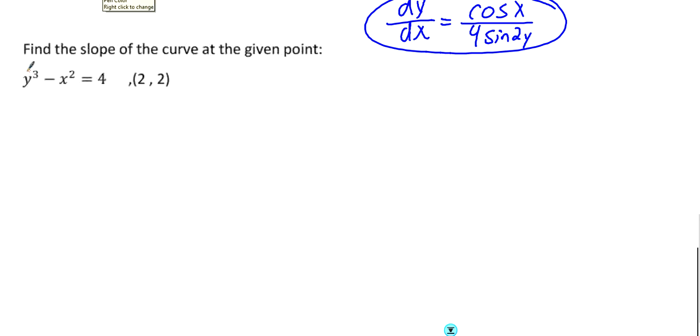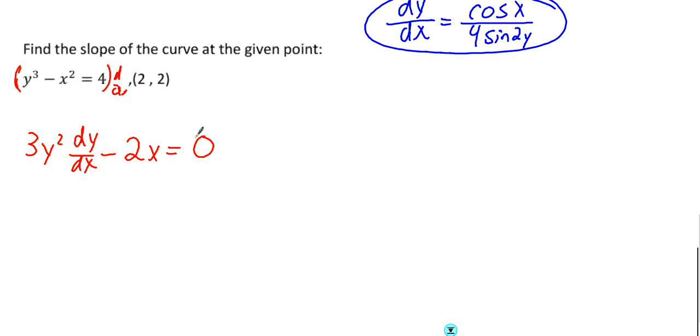Again, the derivative of all of this with respect to x: we get 3y squared dy over dx minus 2x equals 0. So dy over dx equals, you move the 2x over, it becomes positive 2x divided by 3y squared. So that is our derivative.